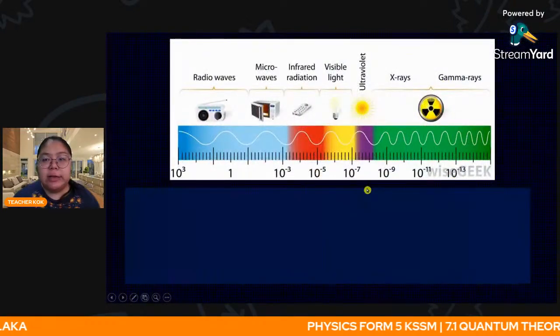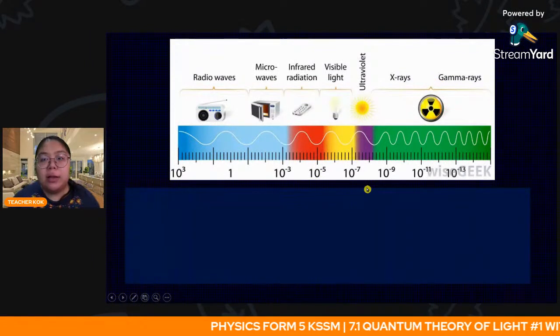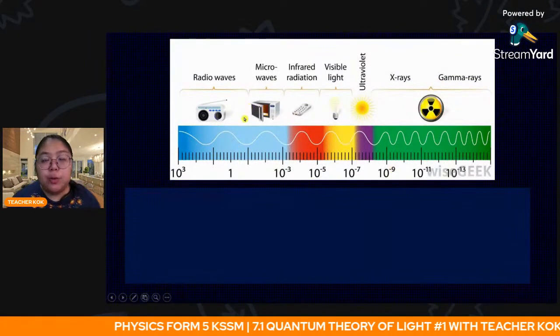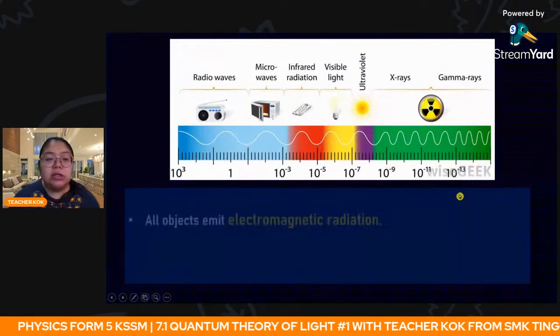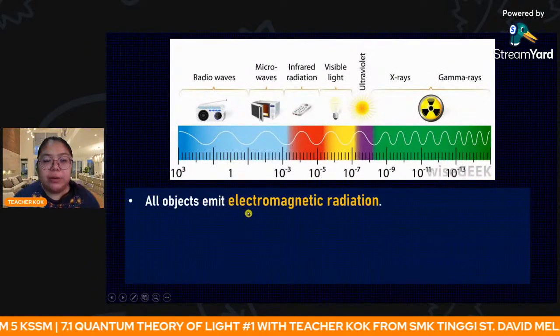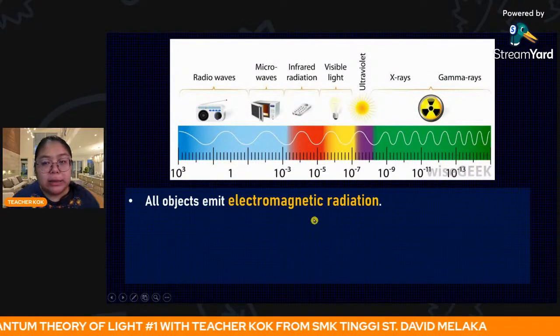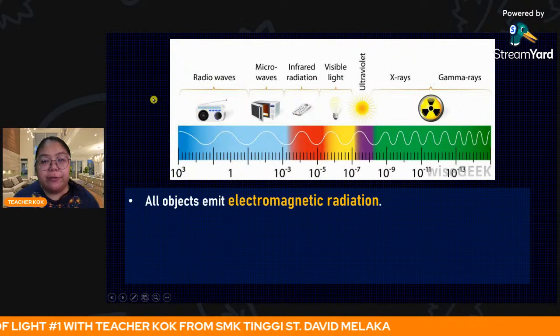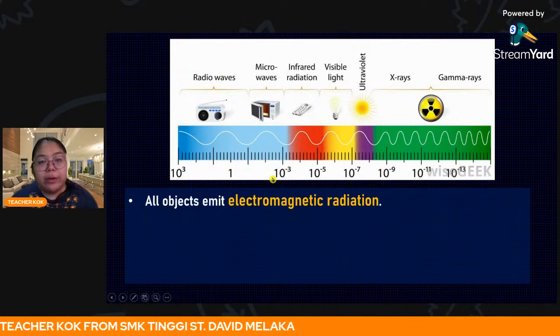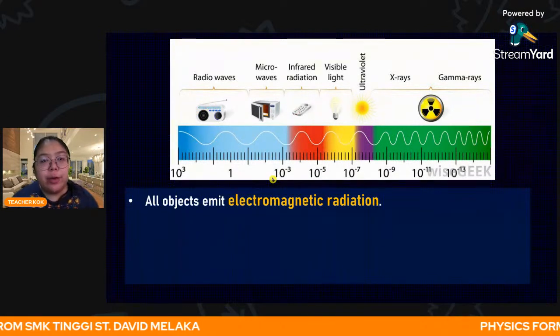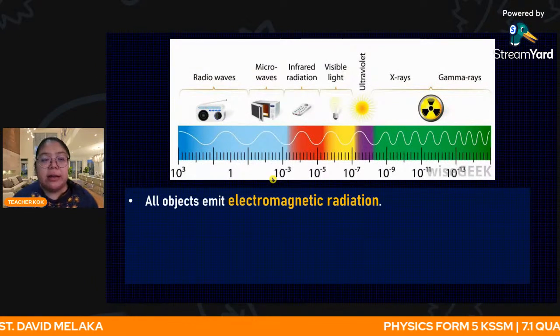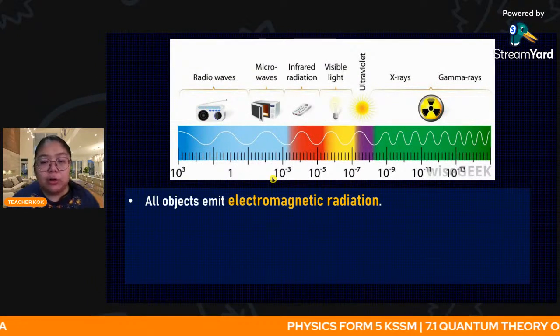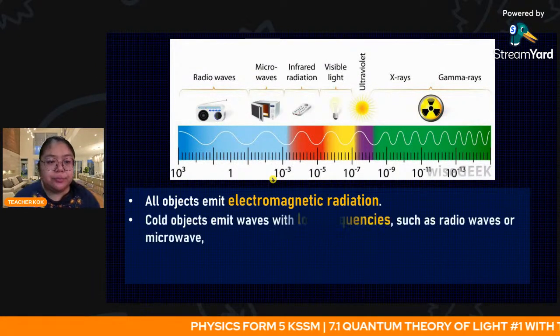Okay, now this one is the function for the different parts, X-ray, gamma ray. You know where they are used already, right? So from here, all objects emit electromagnetic radiation. From the spectrum, all the waves here, you can say microwave, radio, infrared, can also be emitted as electromagnetic radiation.